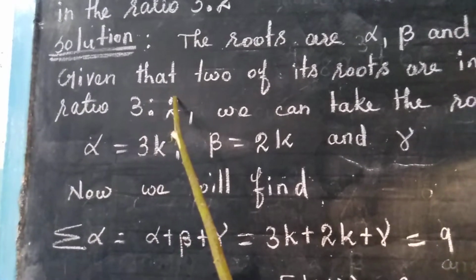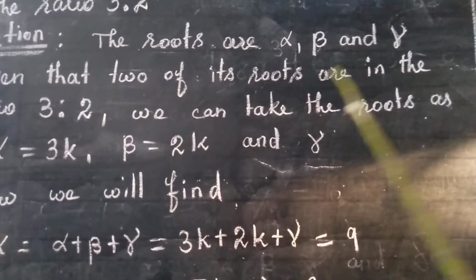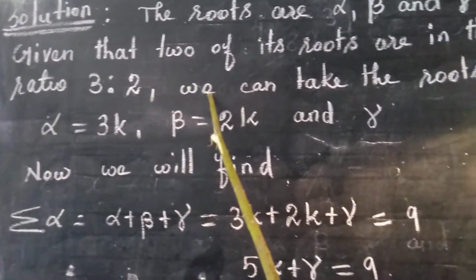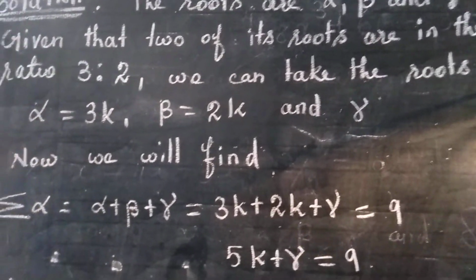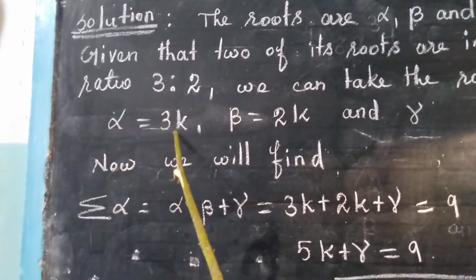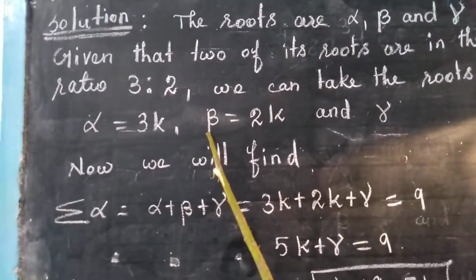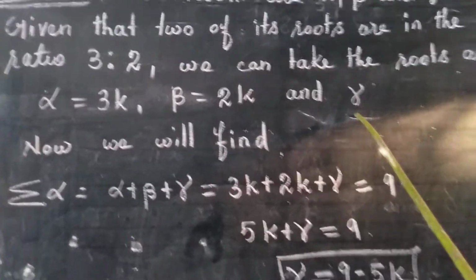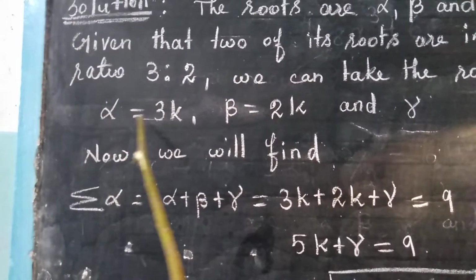Given that two of its roots are in the ratio 3:2, we can take the roots as alpha is equal to 3k, beta is equal to 2k and the third root is gamma. Here, how are we getting 3k?